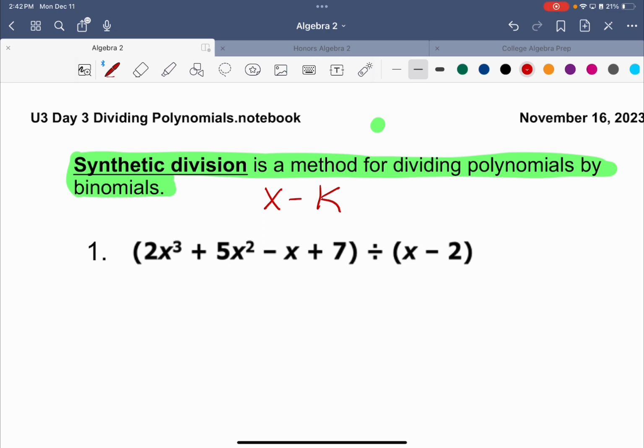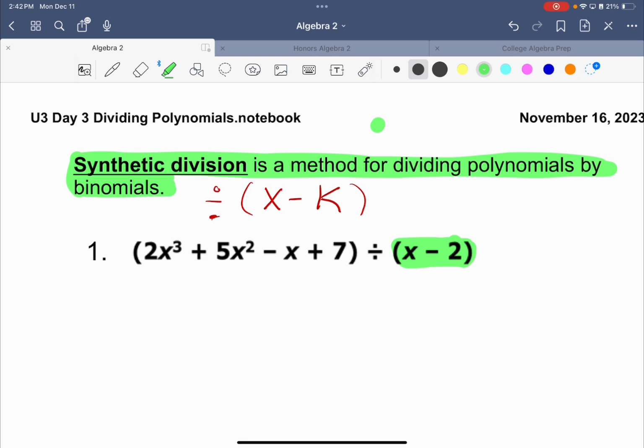It has to be linear. So what we're dividing by has to be in the form x minus k, where k is just a number. It can't be x squared, it can't be x cubed. It has to be x minus k. In the case I have right here, my divisor is x minus 2. So that's linear, and because it's linear, we're okay to do synthetic division with it.